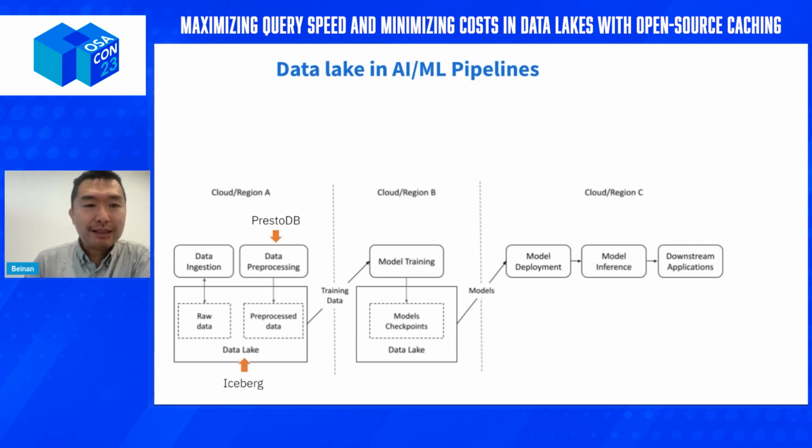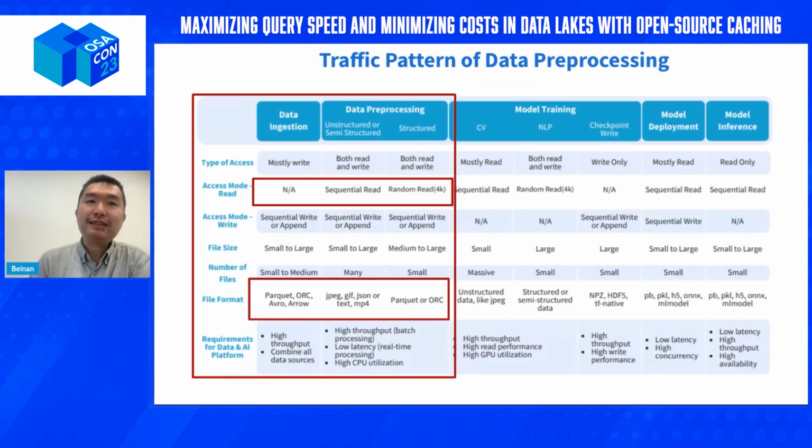But the difficulty here is that we are seeing multiple traffic patterns. Today, let's just focus on data ingestion and data processing. For different file formats, maybe you have Parquet, maybe you have ORC, but for some machine learning AI training, maybe you also have binaries, like images, like JPG, and also text files. It can be anything.